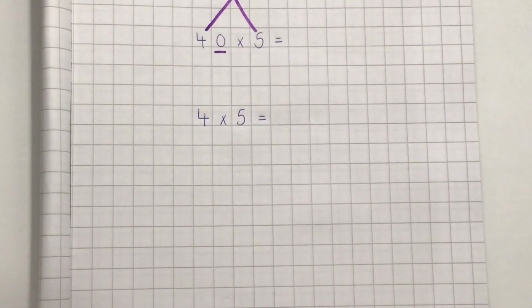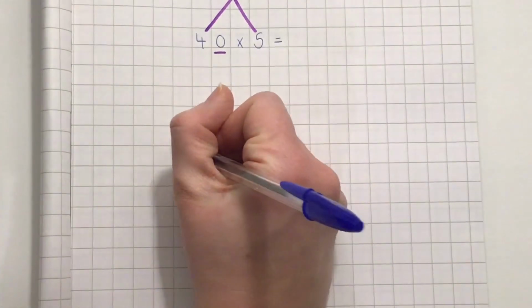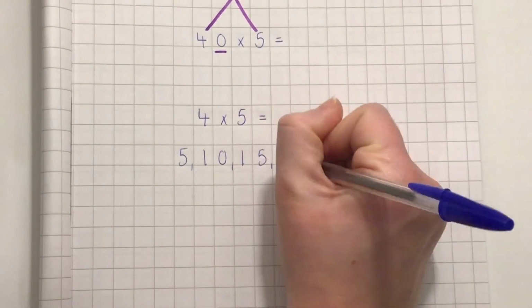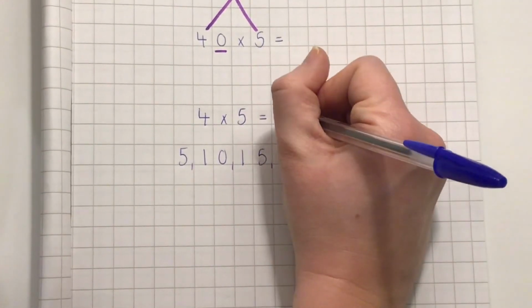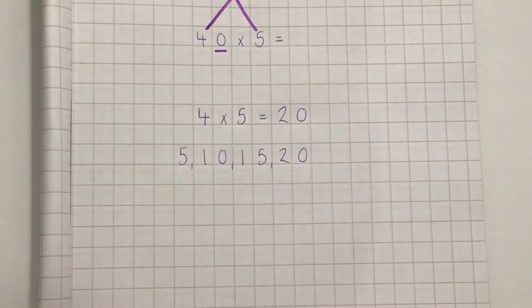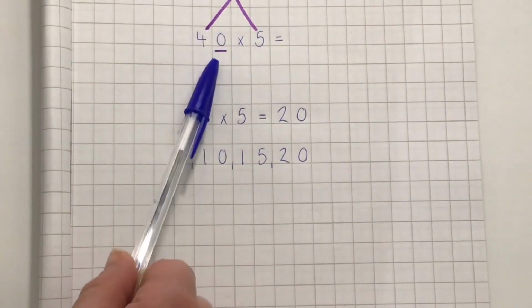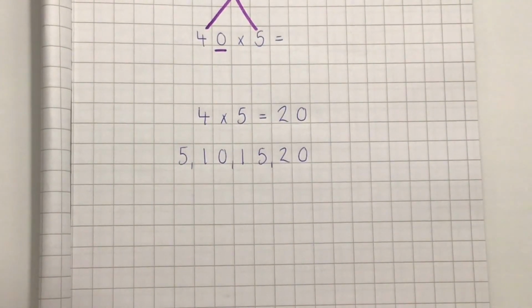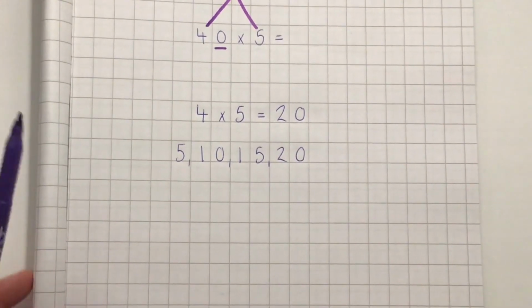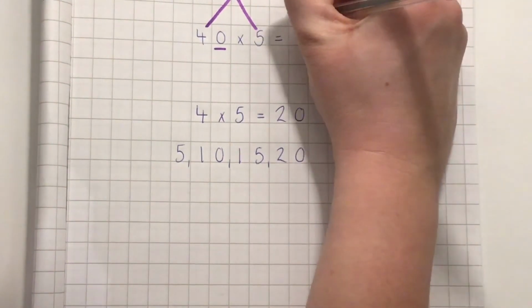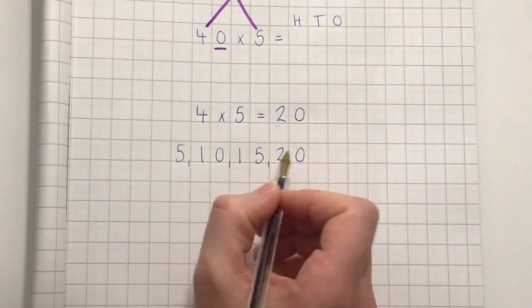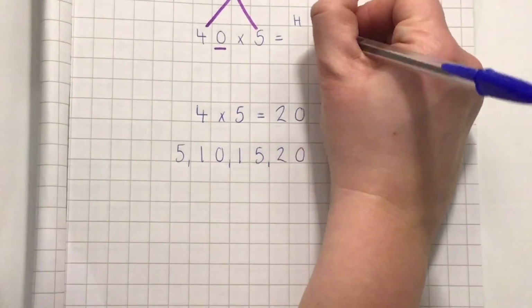So let's count up in 5s 4 times. So we have 5, 10, 15, 20. So 4 times 5 equals 20. Now because we ignored the 0 for now, we need to place that 0 back into our answer as a placeholder. So I'm going to write out the place values to help me, as we're going to need to move these digits one place to the left.